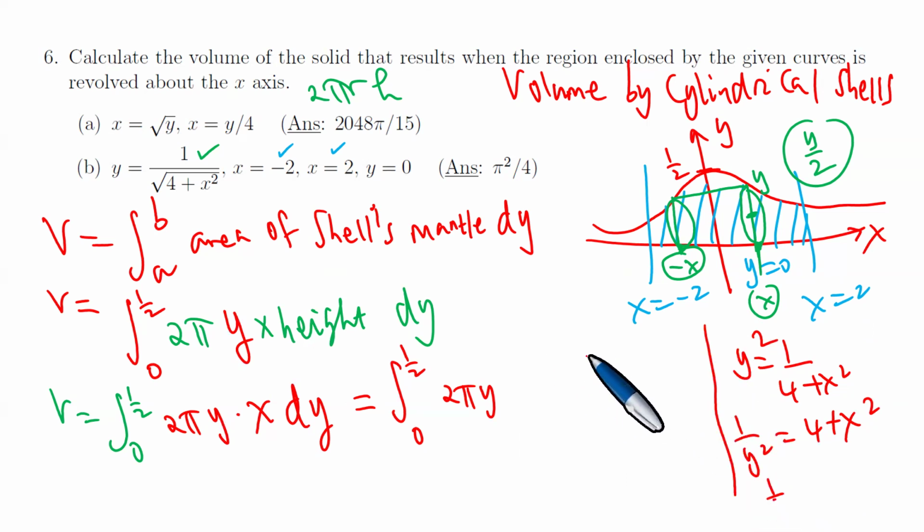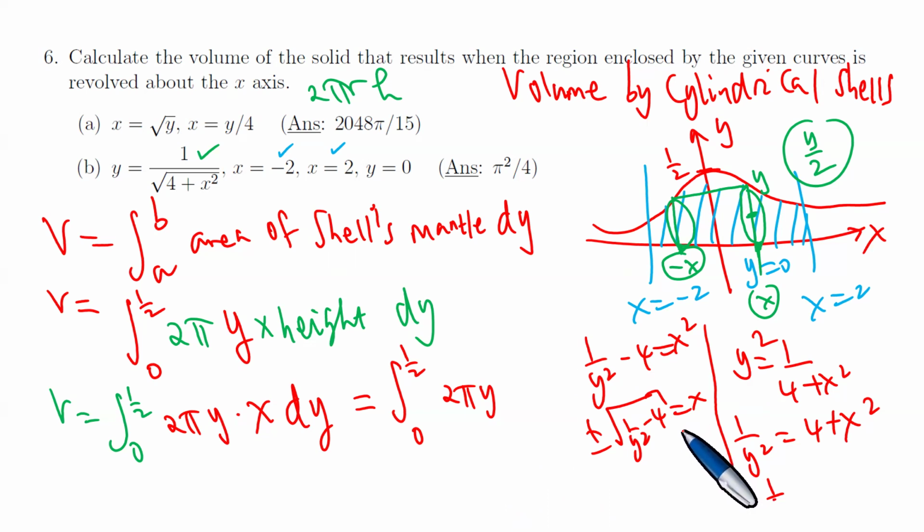It's going to be 1 over y squared minus 4 equals x squared. X plus or minus the square root of 1 over y squared minus 4. Okay. So these are the possible x values that you can get for a corresponding y.